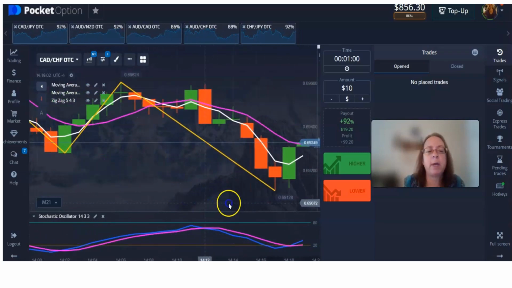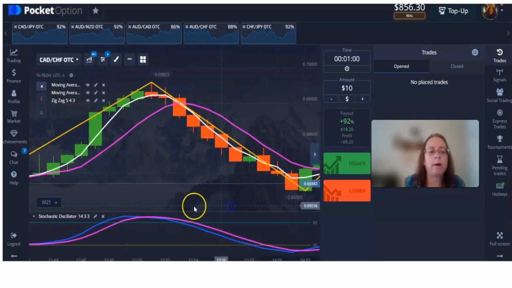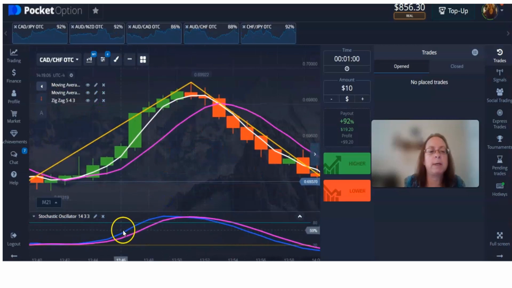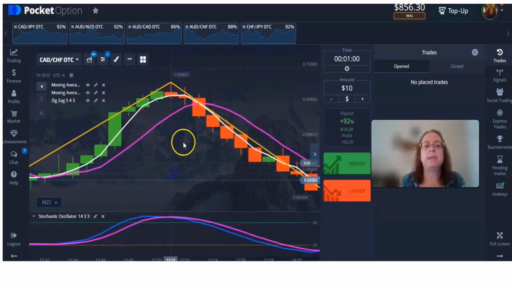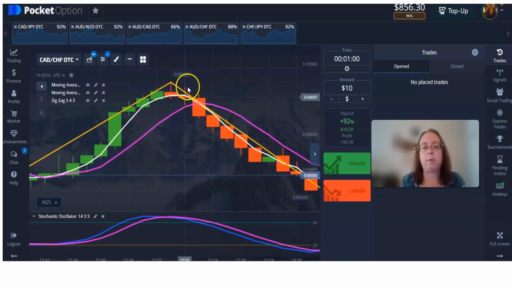If the stochastic is going in a direction where it's apart like this, that is a big indication that the trend will continue in that direction as well. And see, like right here, this is what I was talking about with all 3 indicators crossing in there, and look at that big downtrend in the red.